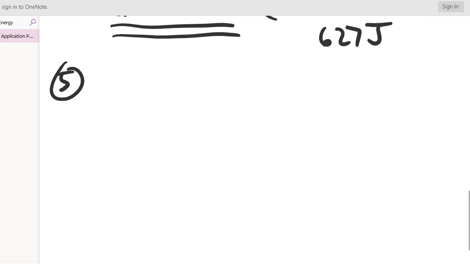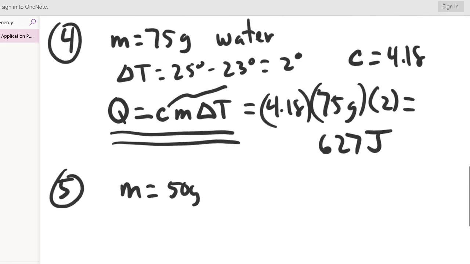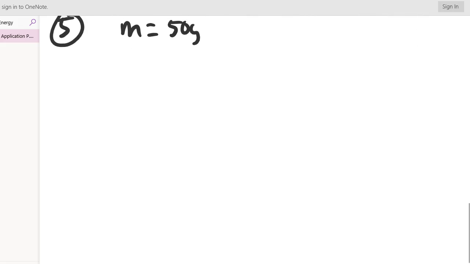Number 5. We have two 50-gram metal blocks, one made of lead and the other of iron. So I'm going to write this down while we're speaking. Mass equals 50 grams, and we actually have two of them. One is lead, and one is iron.